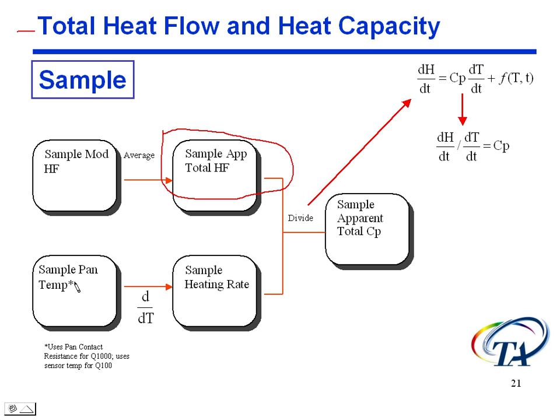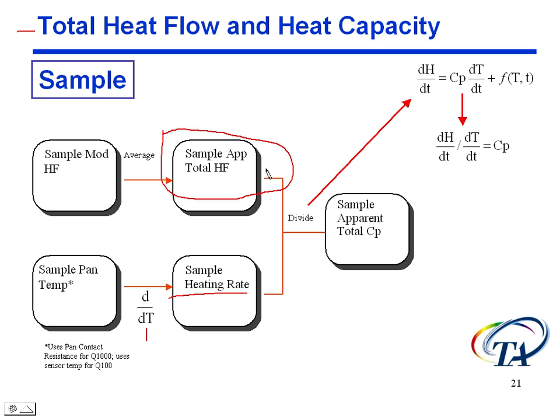We take the sample pan temperature. This is if we have a Q1000, because we're using the contact resistance to calculate the temperature. If we have a Q100, then we're using the sensor temperature. We take the derivative of that to calculate the sample heating rate.